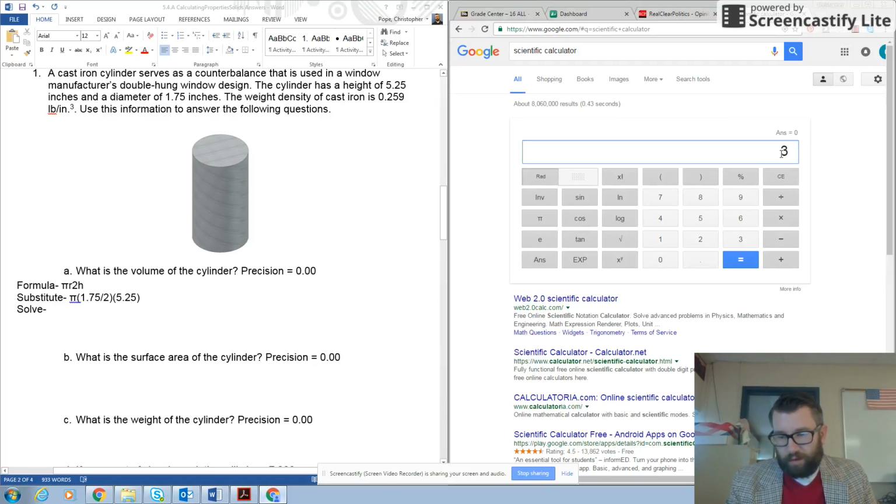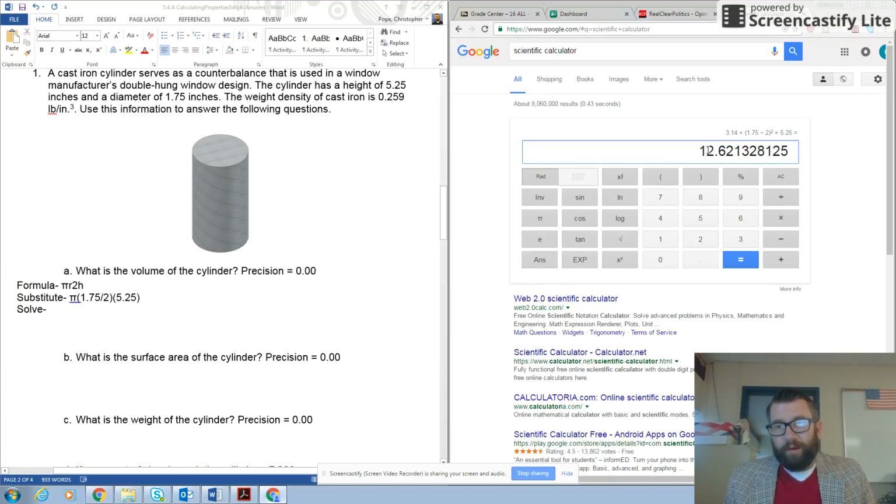Okay, I'm going to use 3.14 for pi times 1.75 divided by 2 in parentheses. To get the exponent tool, find the number 6, hold the shift key, and press it, and you get an exponent. So then I hit exponent 2 for squared, times 5.25 inches, because that's my height.